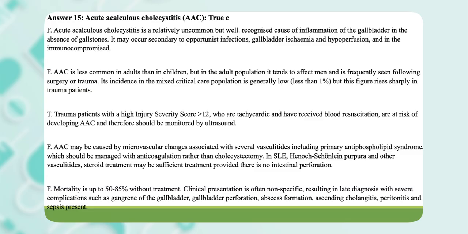So these are the questions. We have completed 5 topics in the GI. Among those, the most important 3 topics are acute liver failure, upper GI bleed, and acute pancreatitis.